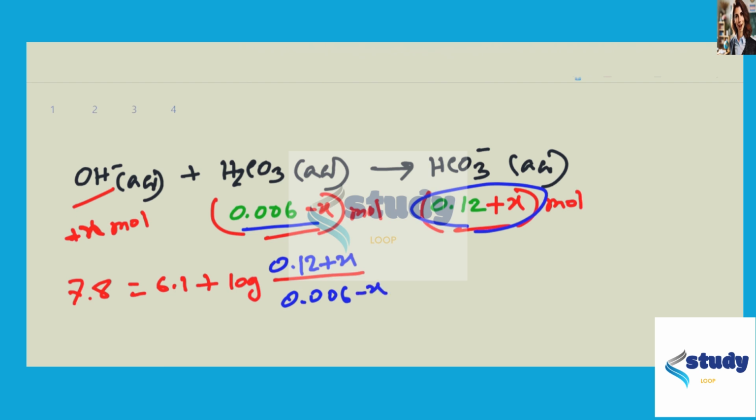And again, solving this equation, we will have the value of x as 0.0035.